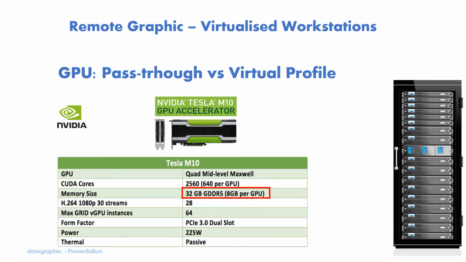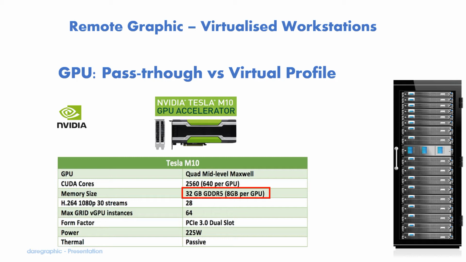So to give you an example of how this works, let's look at one component of that solution, which is an NVIDIA Tesla M10 graphic card from NVIDIA. This card has, for example, 32 gig of total graphic memory, but divided in 4 different isolated GPU chips that each have their own memory capacity of 8 gig.